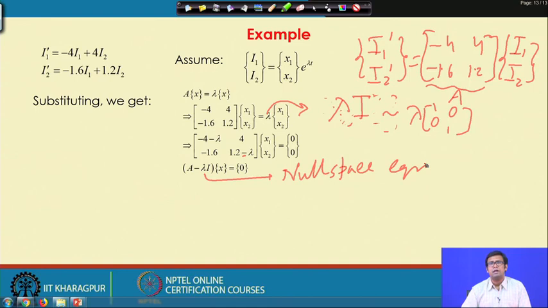If A minus λI is a singular matrix, then we will get non-trivial, non-zero null space vectors for A minus λI, and x will be non-zero. And in case x is equal to 0, in the first equation we started with, where we assumed the form (I1, I2) is equal to (x1, x2) e^(λt), I1 and I2 both are 0 and the equation is 0 equal to 0. So, it becomes a trivial equation.